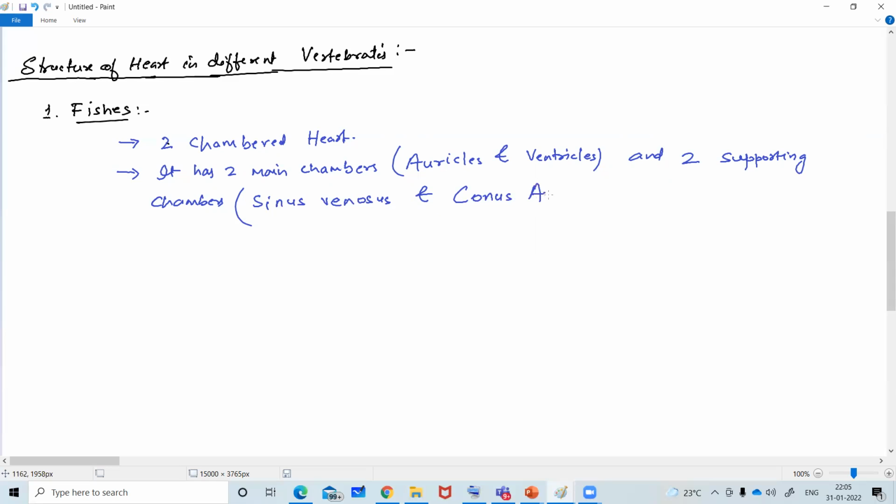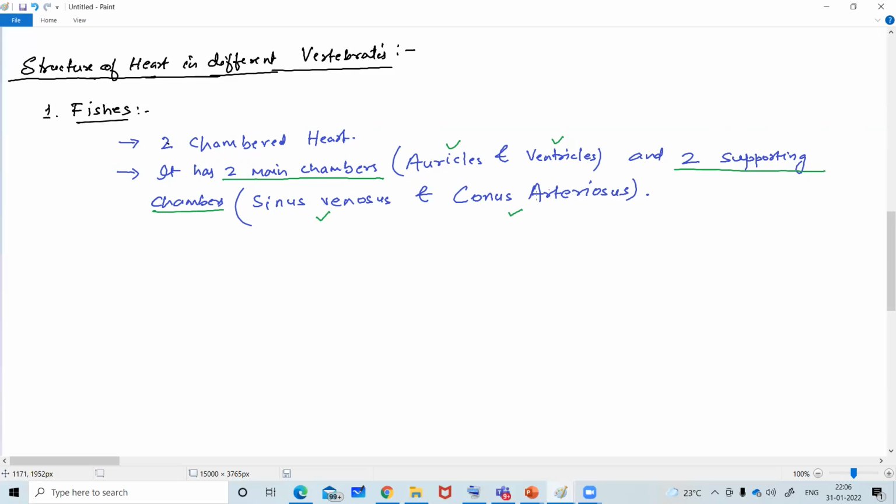Right? So apart from the main chambers, they have two supporting chambers also. So the two main chambers are auricle and ventricle, and the two supporting chambers are sinus venosus and conus arteriosus. Okay.